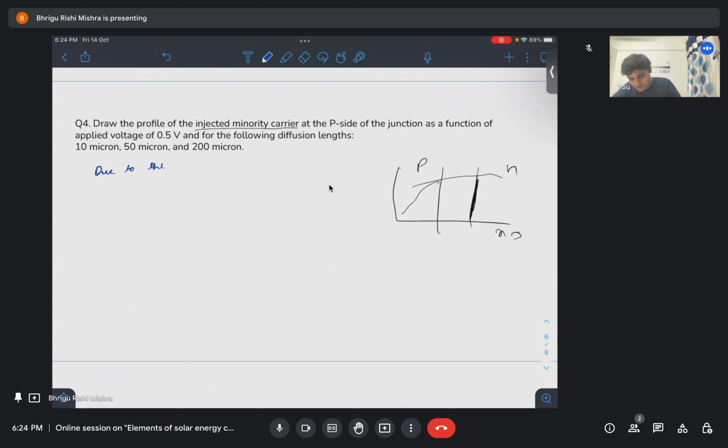Due to forward biasing, carriers are injected from their majority side to the minority side.